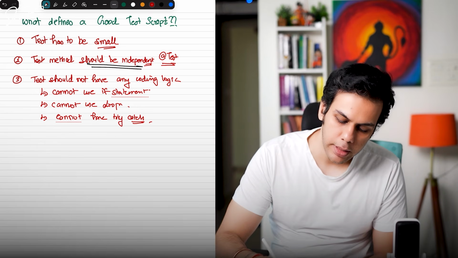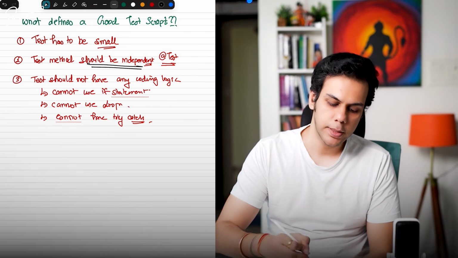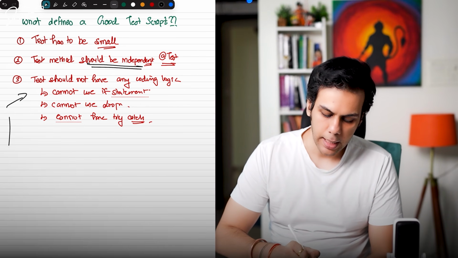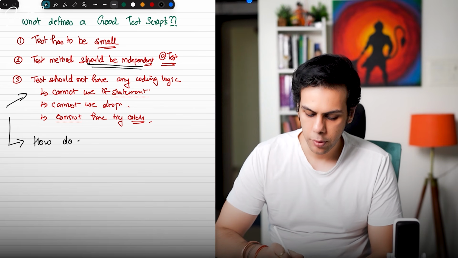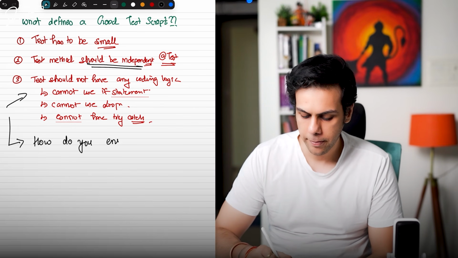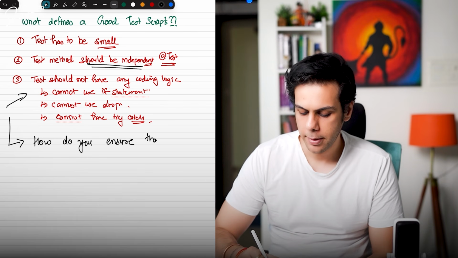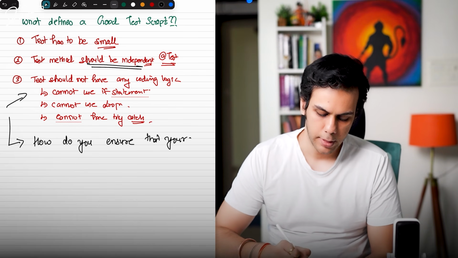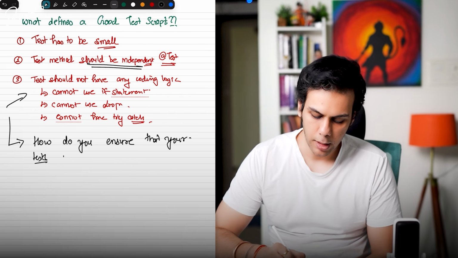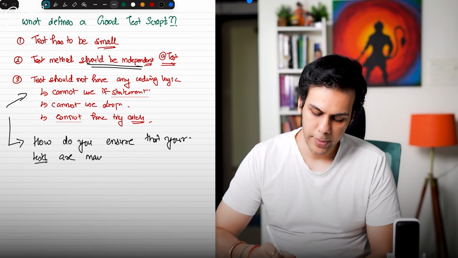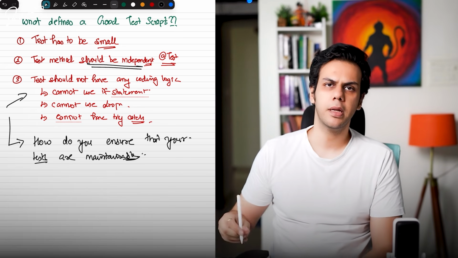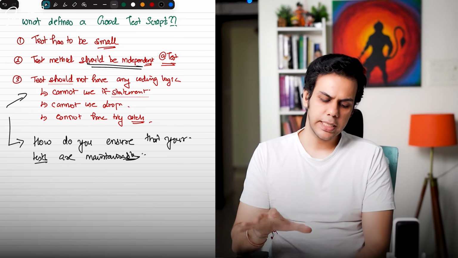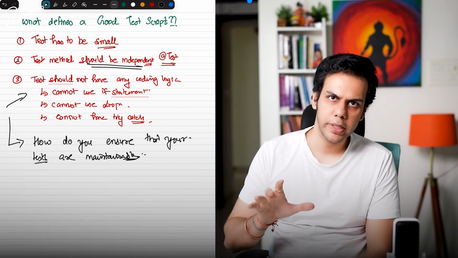Again, this part which I have written here, they can ask in an interview, like, how do you ensure that your tests are maintainable? These are the rules you should remember.